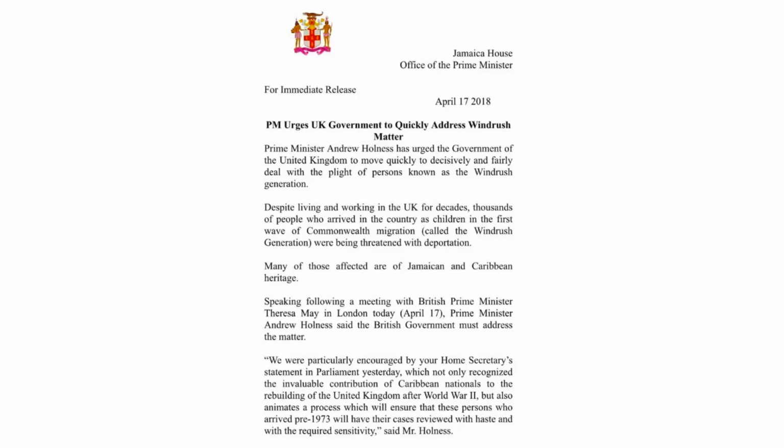So the office of the Prime Minister. Okay, so we've got formal language. So the first paragraph, Prime Minister Andrew Holness has urged the government of the United Kingdom to move quickly and decisively and fairly deal with the plight of persons known as the Windrush generation.